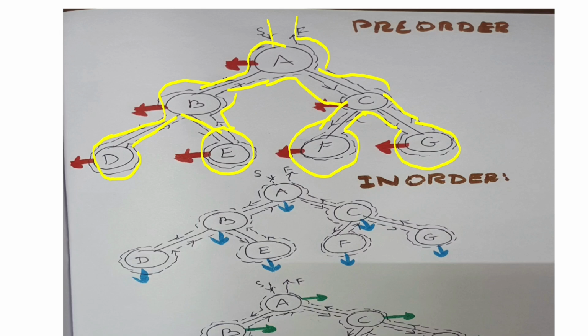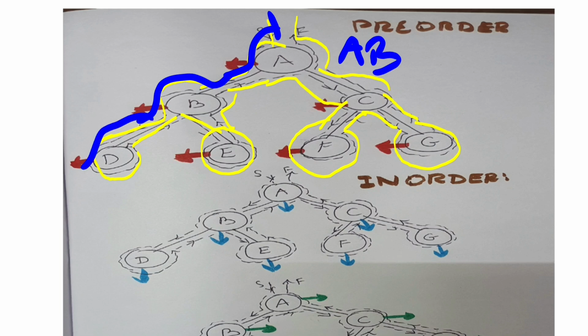For finding the pre-order sequence, these red arrow lines must be marked for all the nodes. Starting from here, if you move in that direction, the red arrow is cut, so we note down node A. Then in that direction, the red arrow is cut, that corresponds to node B. Then in a similar way, this is node D. Continue in this path.